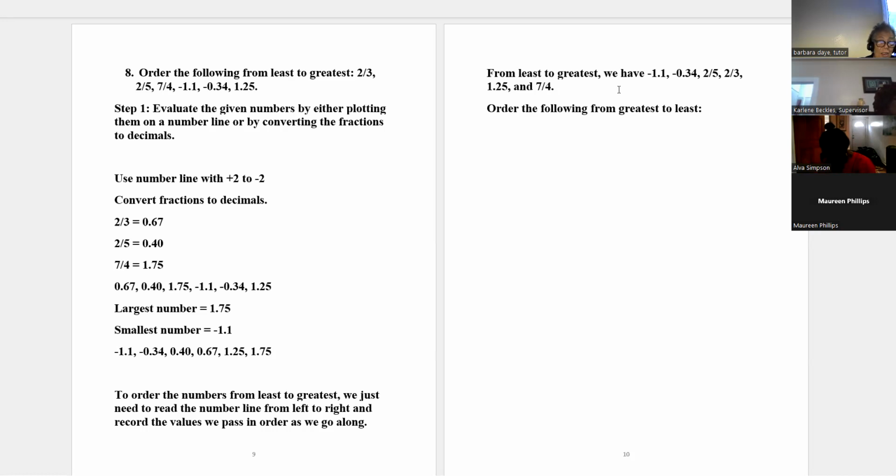Here are the numbers. Do like we did this one, get your smallest and then your largest, and then you can slot the others in between.